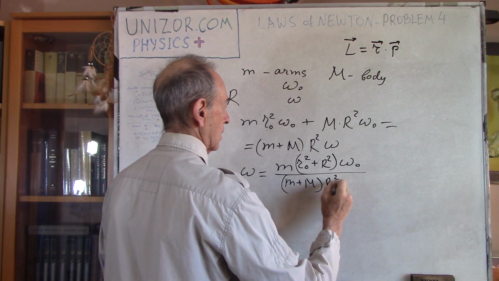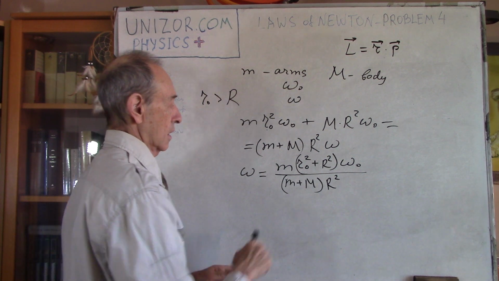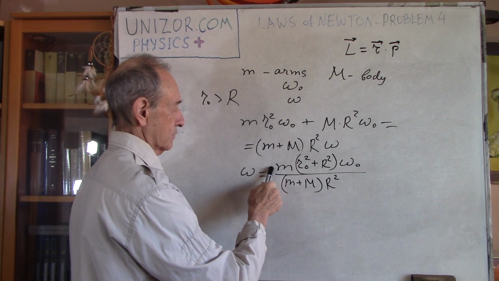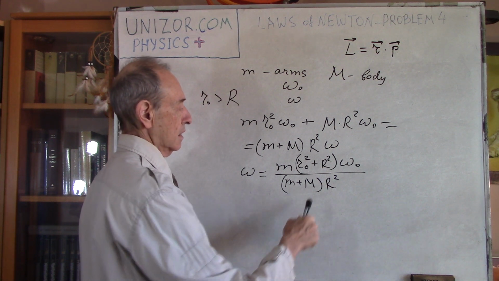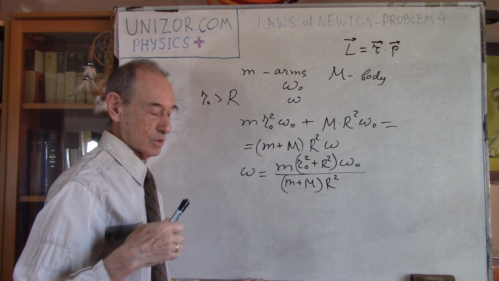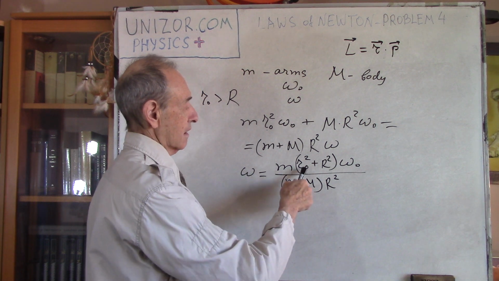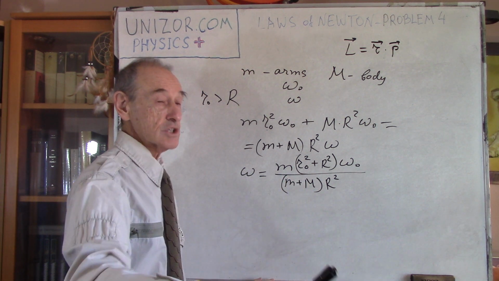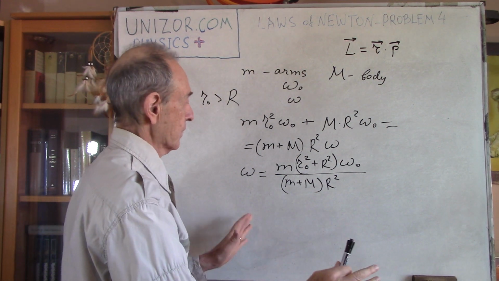R squared. So that's the formula, where m is the mass of the arms, capital M is the mass of the rest of the body, R is the radius from the center of rotation to, let's say, the middle of the body, somewhere, I don't know, and r0 is the initial radius of rotation of the arms, again to the center of mass of the arms.